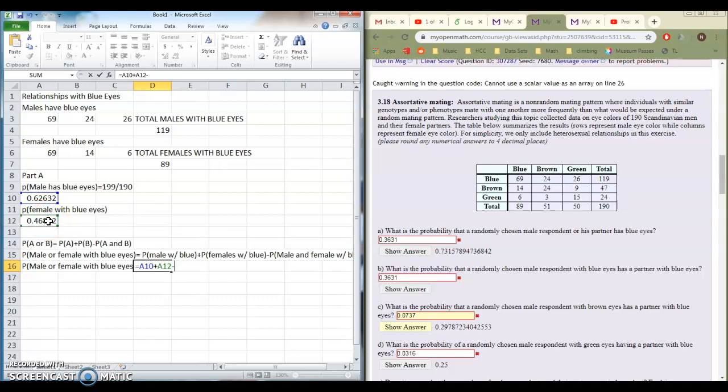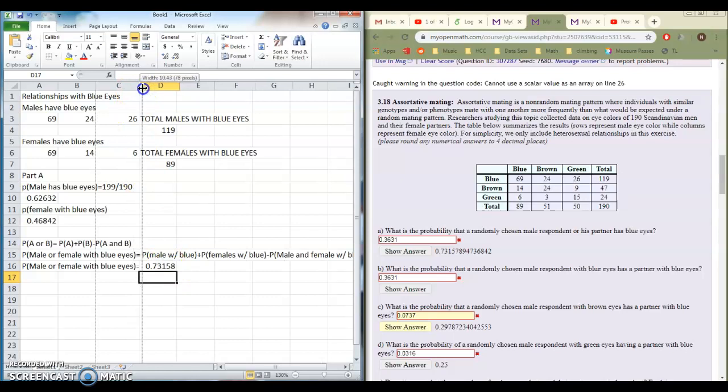Well, we decided they overlap at the 69 individuals out of 190. And we get 73.158. There we go. So that's how we do part A.